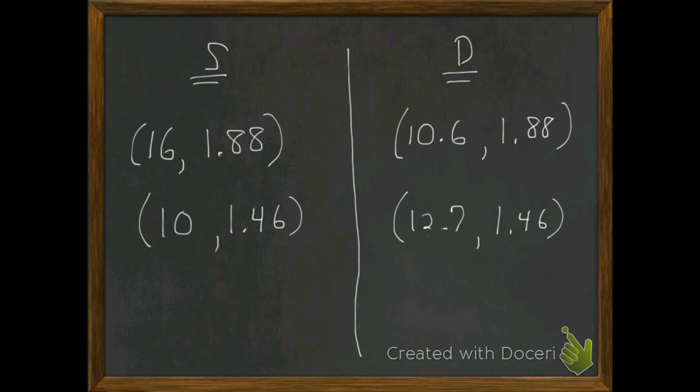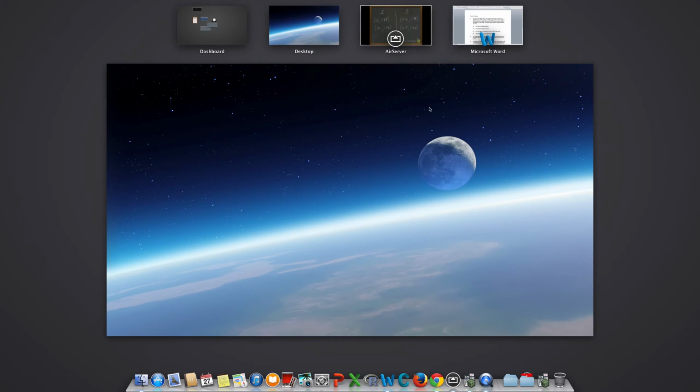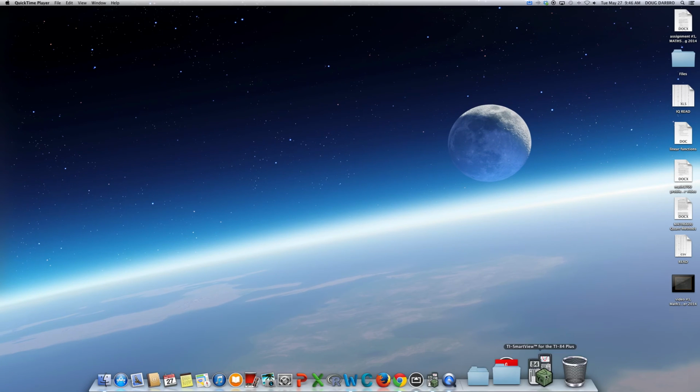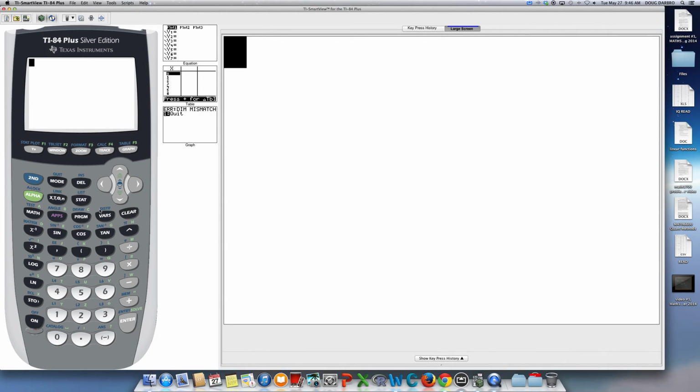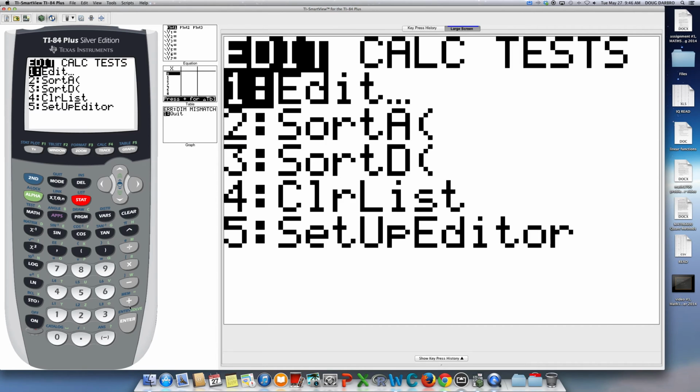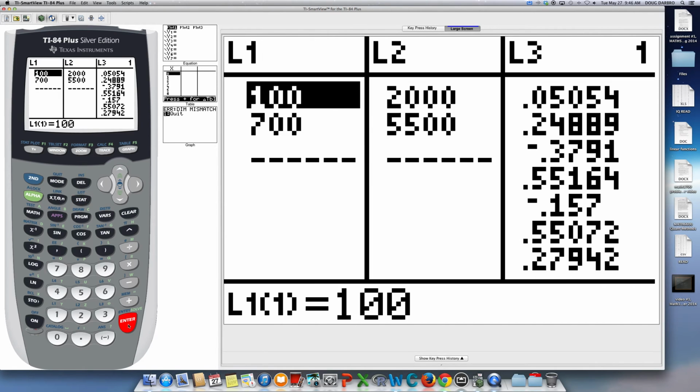Okay. Now, first thing we need to do is come up with the functions. So I'm going to use the calculator for this because I think the calculations are going to be a little messy. The first thing I'm going to do is go to Stat, and I want to go to Edit.